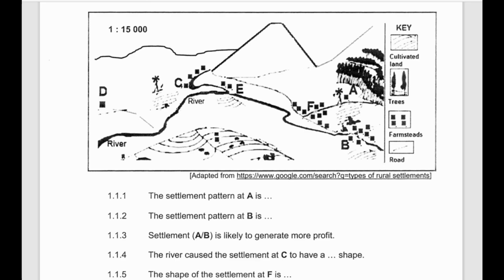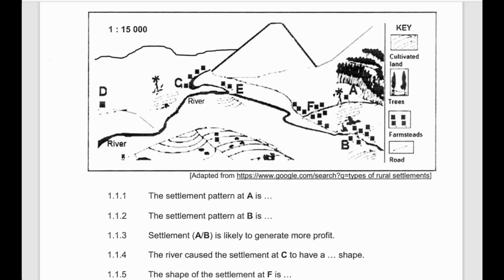In the key we have cultivated land, represented by those lines, trees, indicated by that symbol, farmsteads, indicated by those squares, and lastly the road network, indicated by that line.